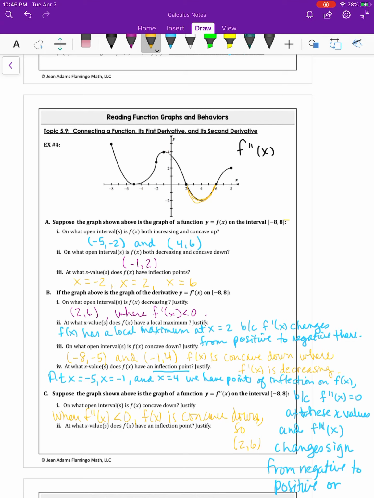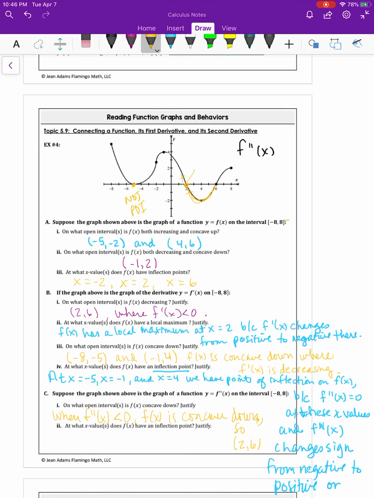At what x value does f of x have an inflection point? Okay, so remember, we're looking for zeros here. And then we're looking for it to change signs. So I have a 0 here at negative 5, but it goes from positive to positive. So this is not an inflection point, okay? Not a point of inflection.